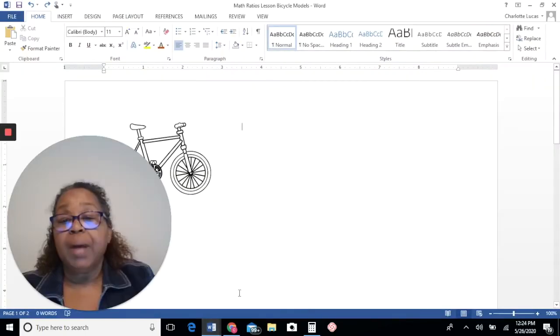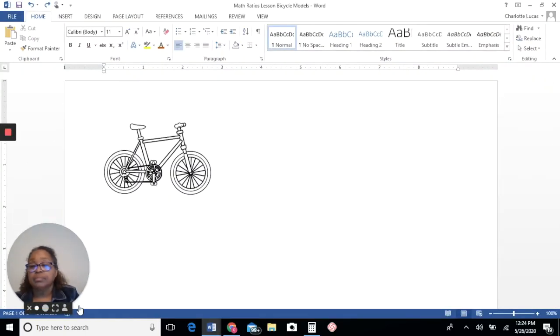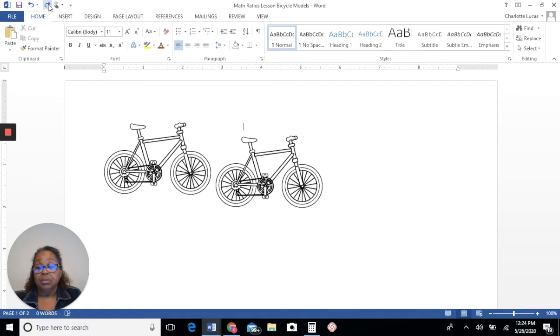Let's think about bicycles. How many wheels are on each bicycle? 2. So for every 1 bicycle, there are 2 wheels. So if I were to add a bicycle, I would have to also add wheels.